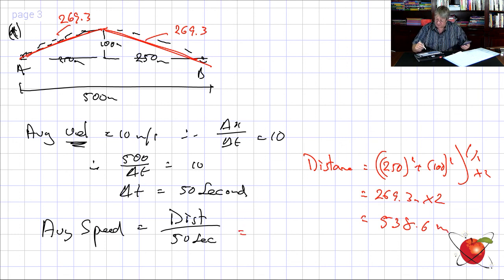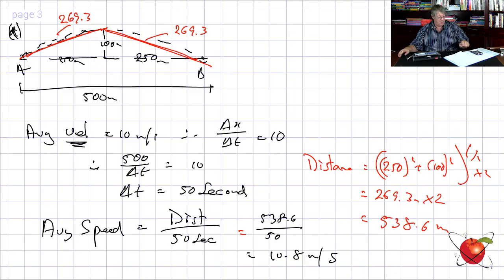Therefore, let's finish off what we started. The distance is 538.6 divided by 50, which gives me an answer of 10.8 meters per second. And that finishes off that one.